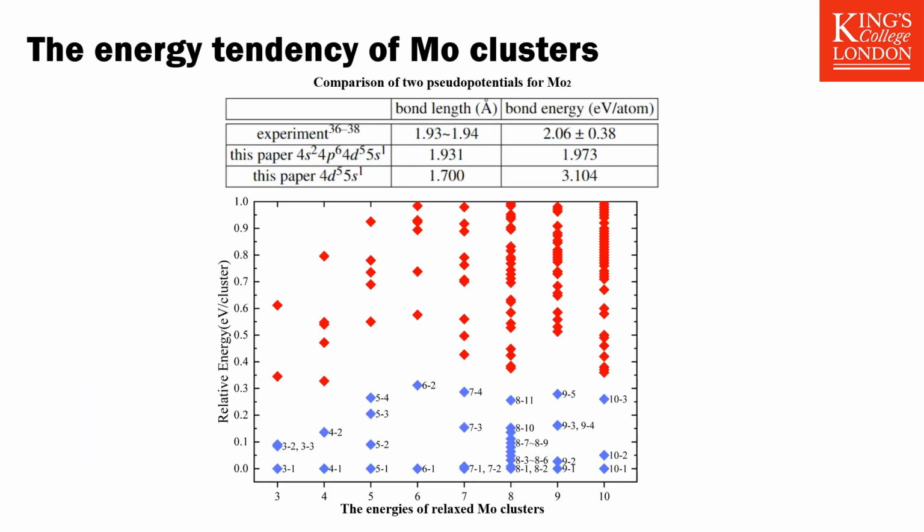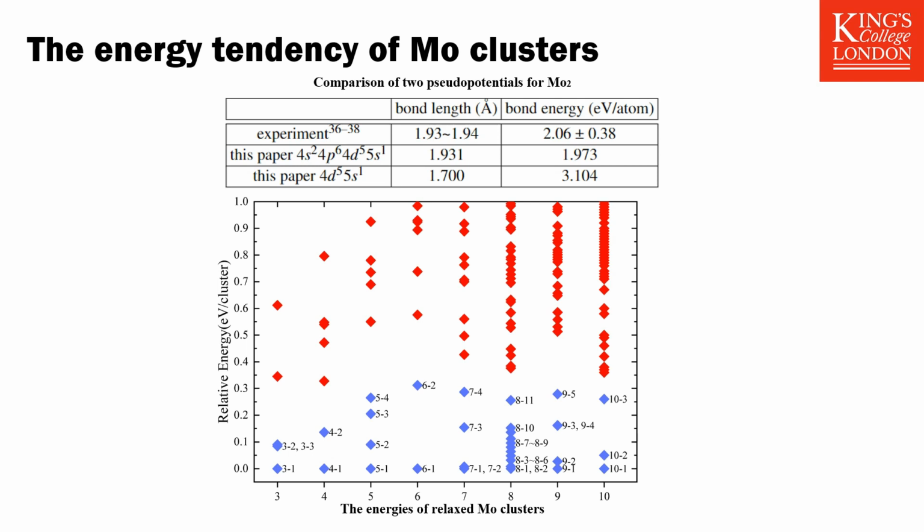After that, I want to show what is important in this calculation. You can see that we use 2 different potentials here. One is the hard potential with 14 electrons, and the other is the soft one with 6 electrons. But we can see the results have a big gap.